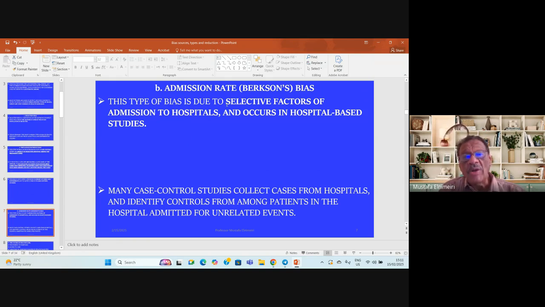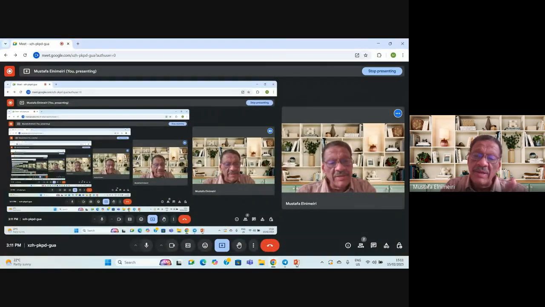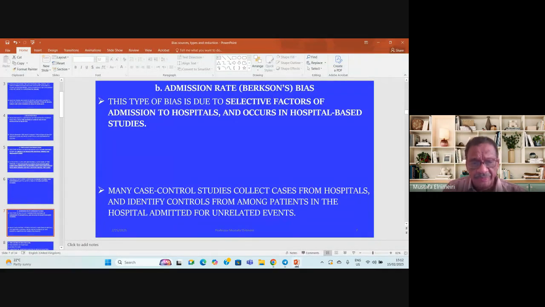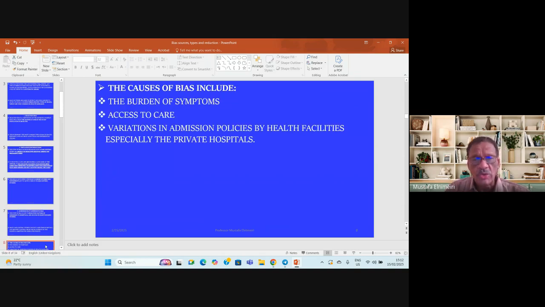Also, we talk about the admission rate or Berkson's bias, and this type of bias is due to selective factors of admission to hospitals and occurs in hospital-based studies. Many case control studies collect cases from hospitals and identify controls as well from those attendants of the hospital from other departments or other wards or other clinics, or admitted for some other reasons.